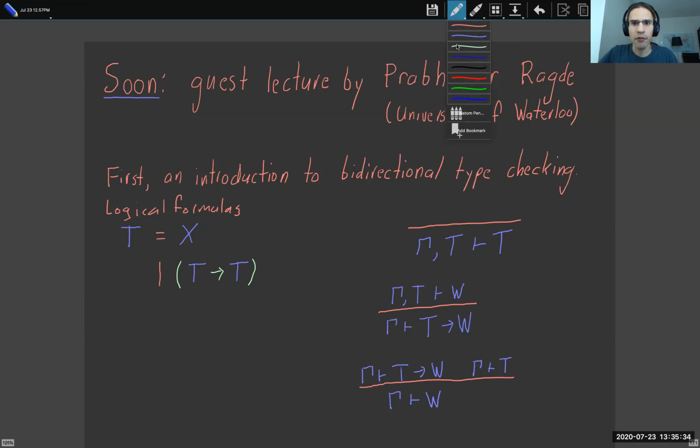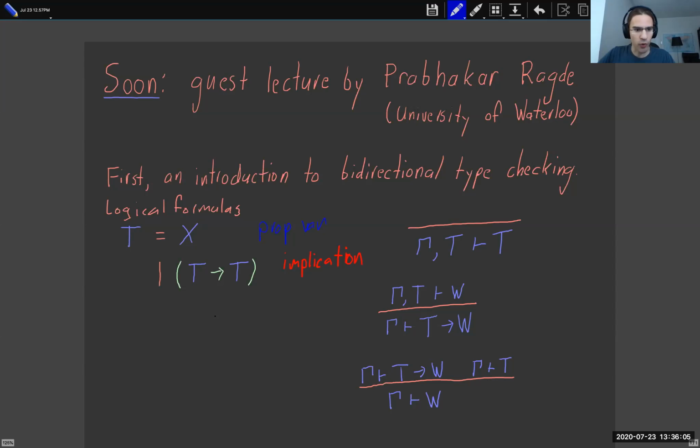They either have propositional variables, which is this variant of the grammar, or they have these, which are implications or arrows. Now, that just defines the grammar of what constitutes a logical formula.